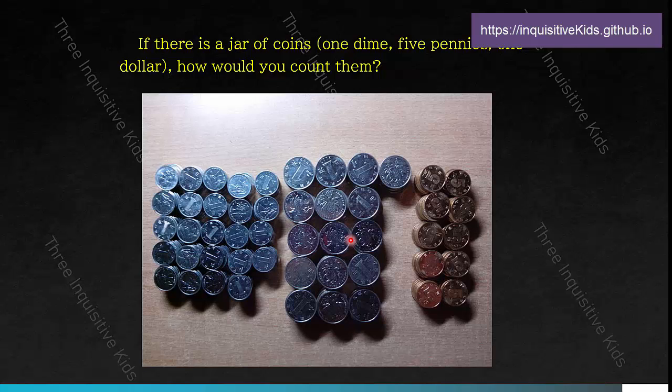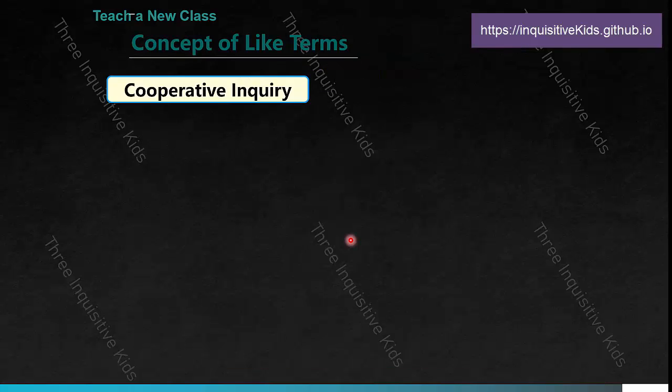All of those organized into nice groups, and then you would add those up. That is what I'm expecting from you. Now we're going to look into the concept of what like terms are.